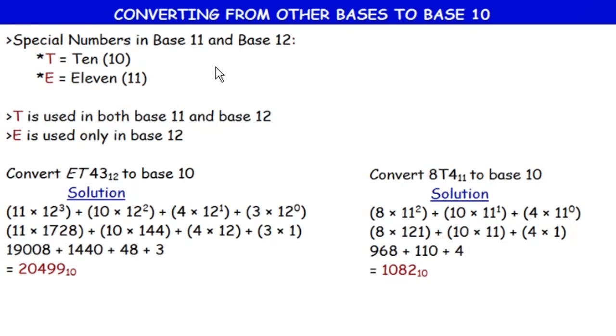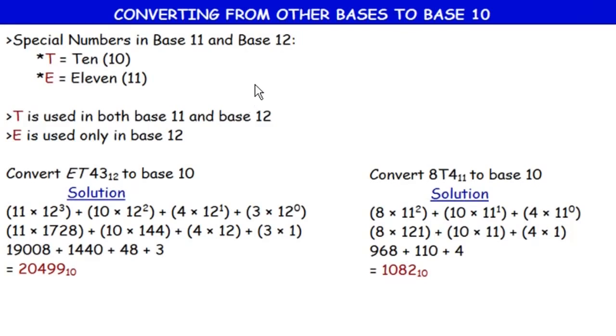In order to avoid this confusion, some special characters are used to represent the numbers 10 and 11 in base 11 and base 12. So for 10, we use the letter T, a capital T, to represent 10 in base 11 and in base 12.